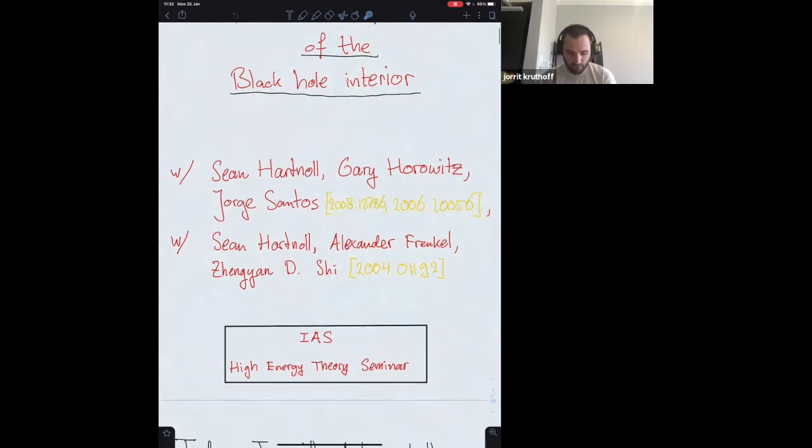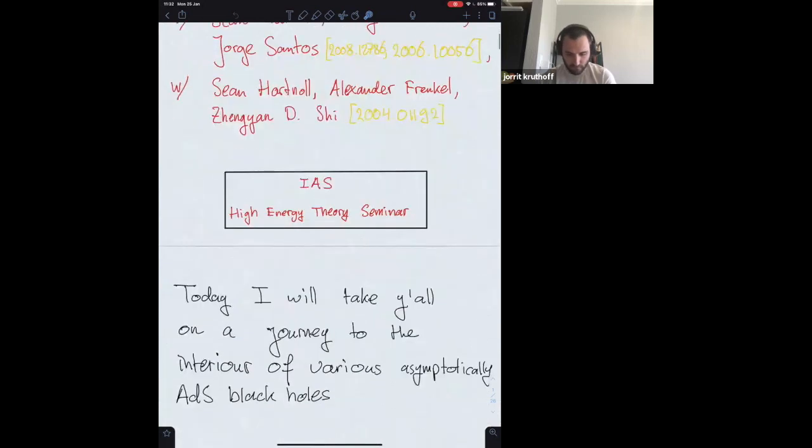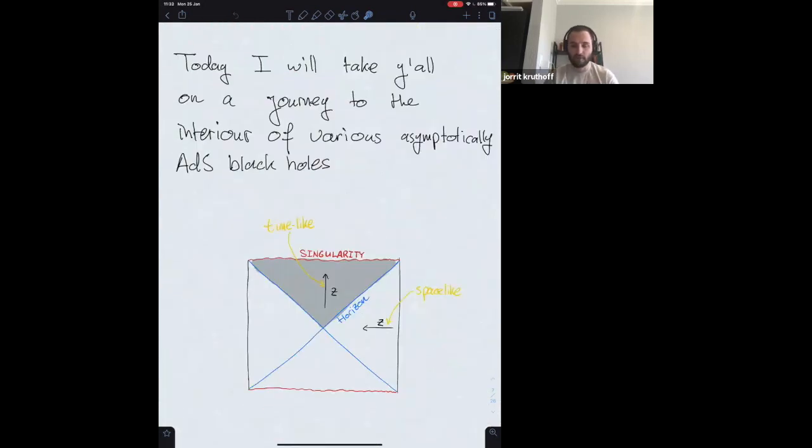All right, so the plan today will be to discuss the black hole interior of various asymptotically AdS black holes. These could be charged black holes, and I will mostly focus on charged black holes. Part of the point will be that we're considering solutions which have a non-trivial scalar field profile on top of the geometry.